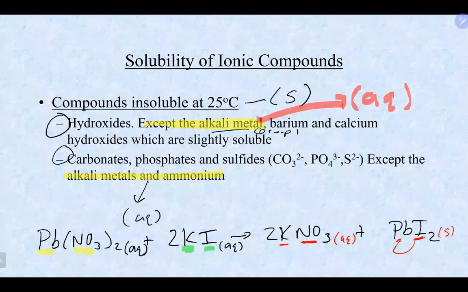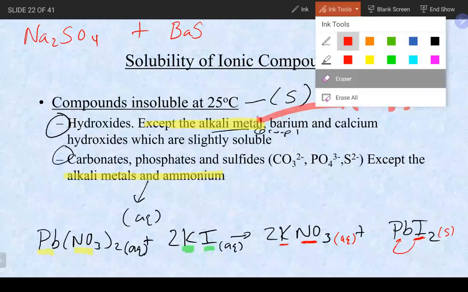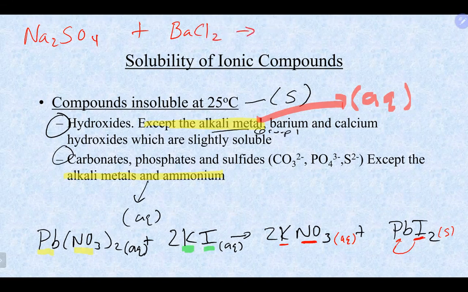So if I had this one here, let's do Na2SO4 plus BaCl2 gives us a little NaCl plus some BaSO4.